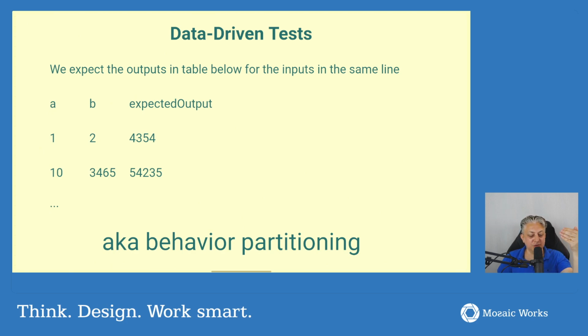But what it also does, in addition to the equivalence partitioning that we discussed, you might end up also with behavior partitioning. So imagine, for example, that for some input values, you expect an output that is valid, but for other input values, you expect exceptions.